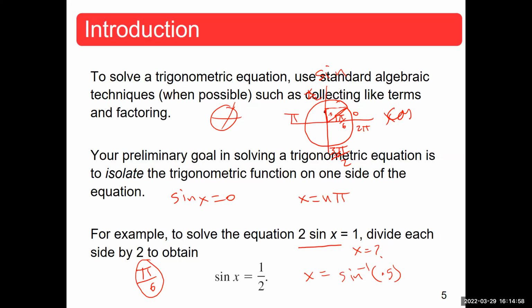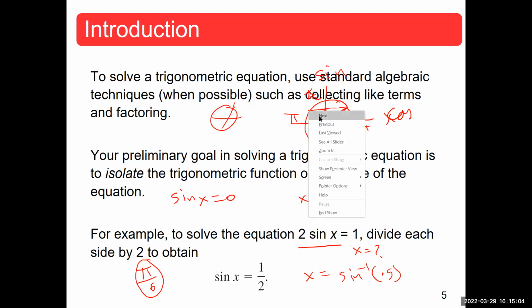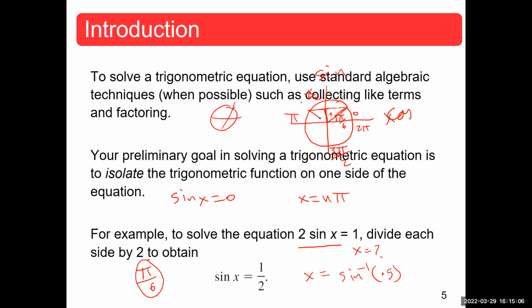Now, if I continue to the other side of the circle and connect back to here, that's the new angle that has the same sine. So if you start from x, go all the way to this line, that's the new angle.